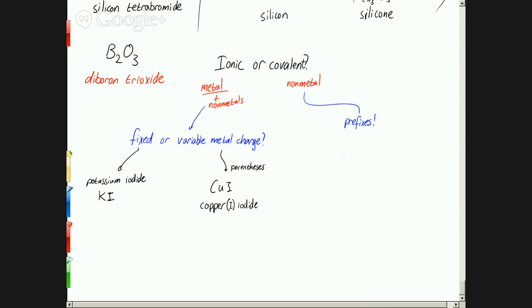And let's give an example here. We could have phosphorus triiodide, which would be PI3. All nonmetals.